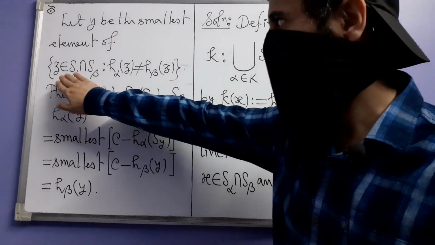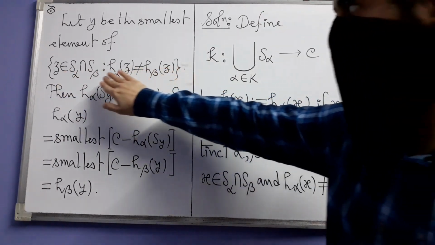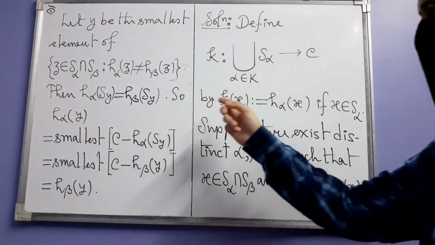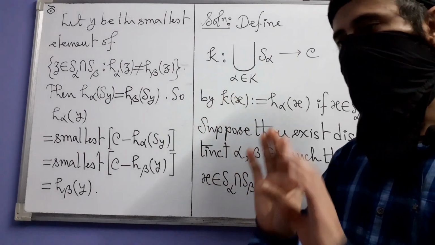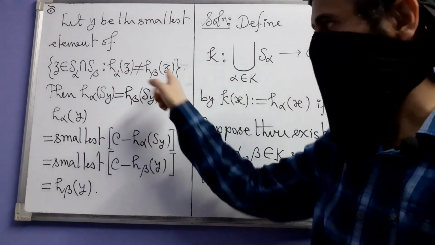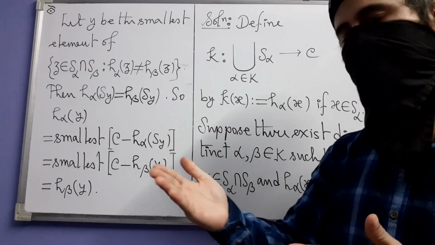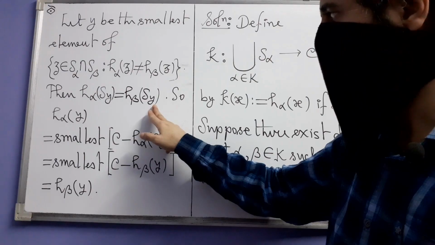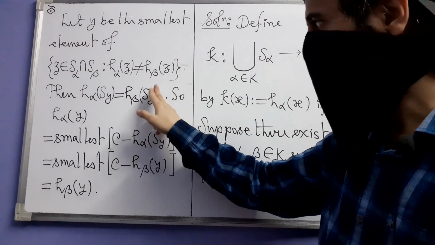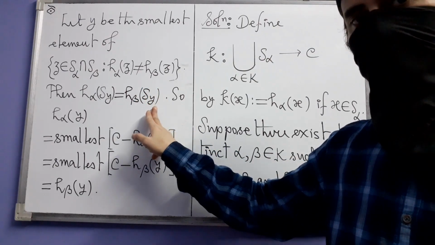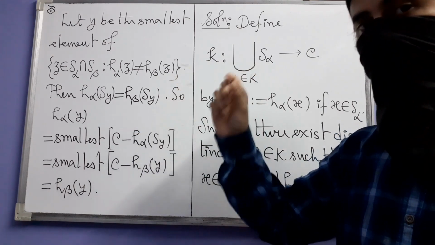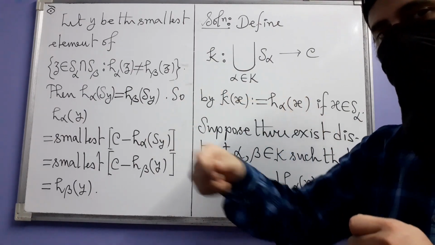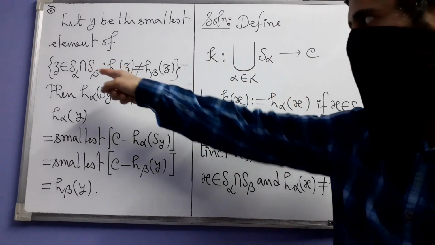Since Y is the smallest element of this set of problematic elements Z which create problem for this function, anything less than Y does not belong to this set. So nothing less than Y is problematic, which means that if you consider any element from the section Sy of J given by Y, then in this set you precisely have those elements that are less than Y. None of them belongs to this set.